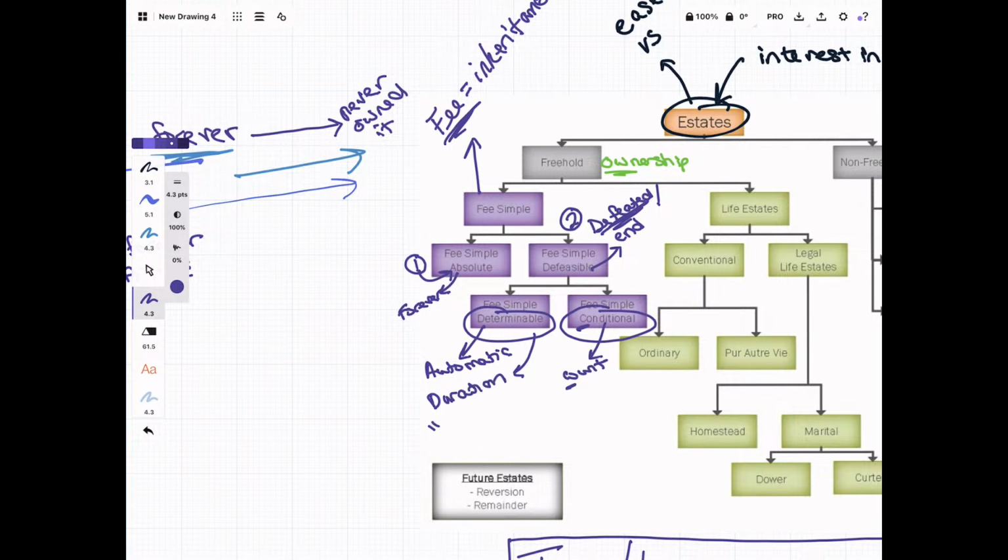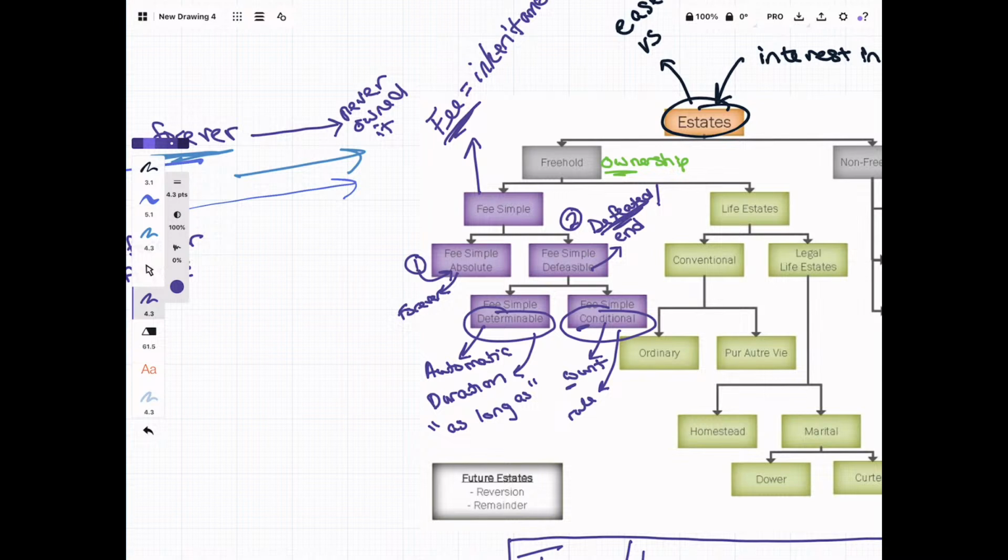So if you see the words as long as, if how long you could own the property is based off some type of time, then it's durational. But if you get conditional, it's going to be based off of following some type of rule. That is not something you're usually going to be tested on, but you know me, I like to be thorough.